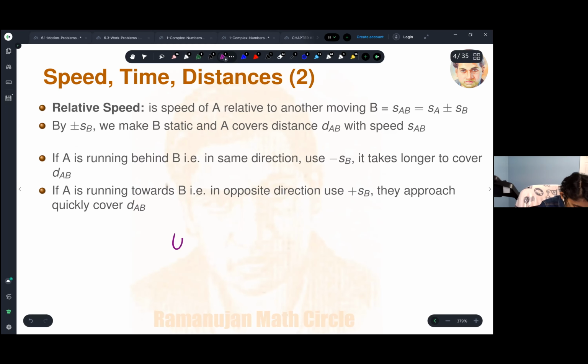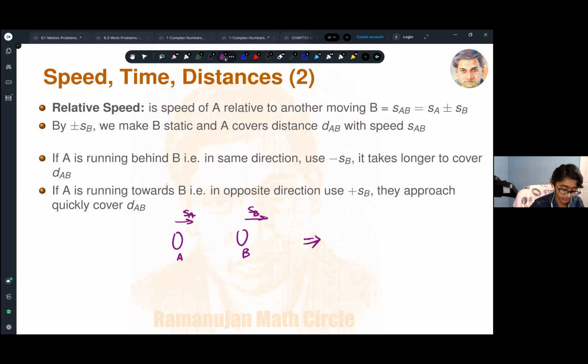So without further ado, let's try to look into that. Okay, so if A is running behind B in the same direction, so let's say this is SA and this is SB, then use SA minus SB. And the reason is because when you keep B stable, keep B at zero speed, you get this is B, this is 0, and then this would be SA minus SB.